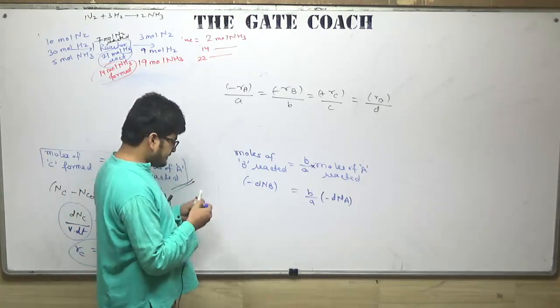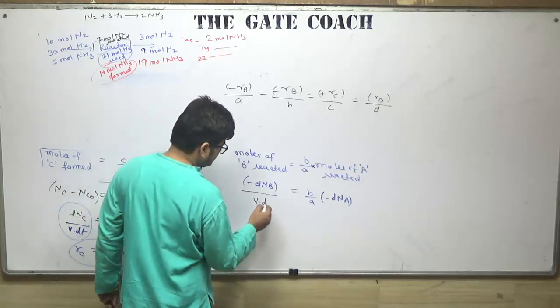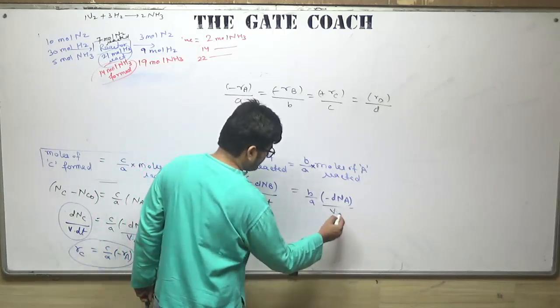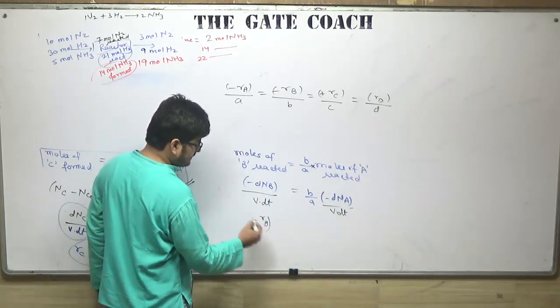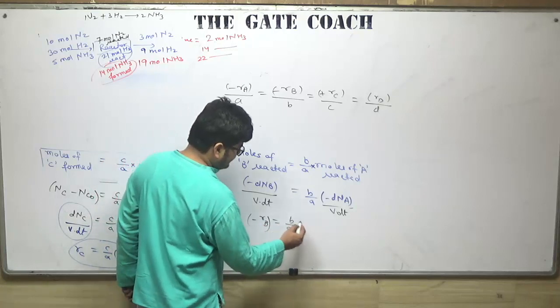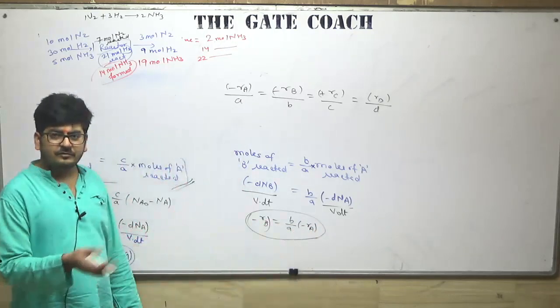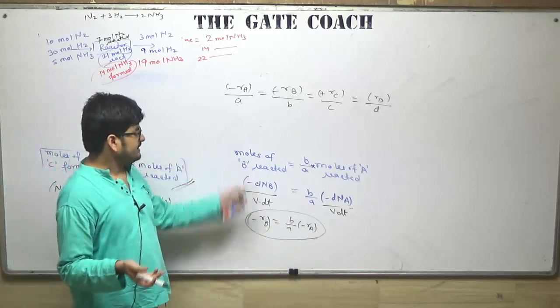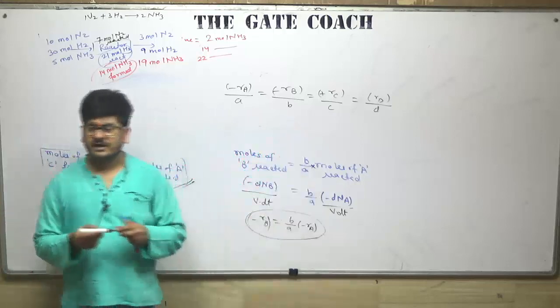If you divide this by V dt, it will be minus Rb equal to B by A times minus Ra. Similarly, you can do it for component D as well. Then when you combine all these, you will be able to find the relative rates of the reaction.